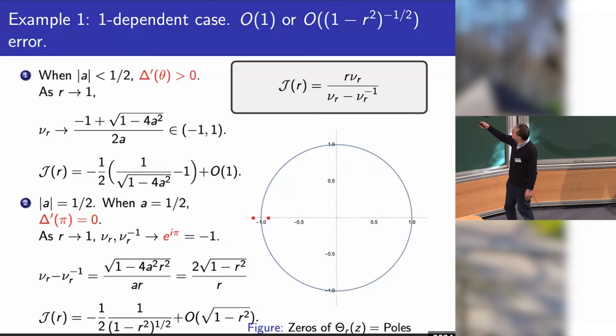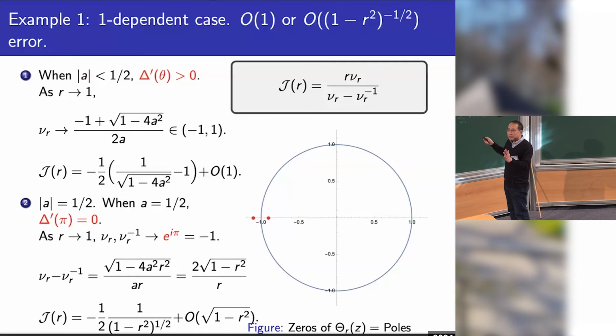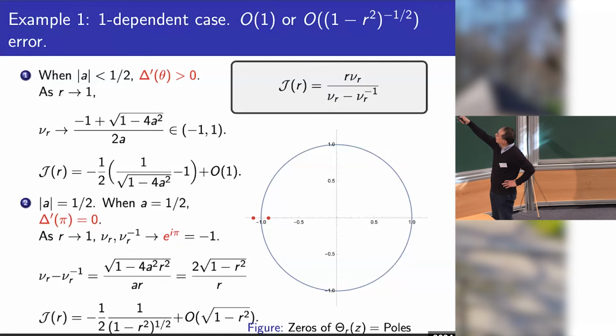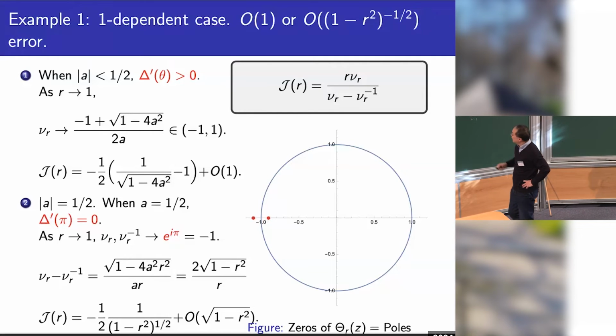And the situation is something like this. When A is strictly less than 1/2, these zeros stay away from the boundary. But if A equals 1/2, this converges to the point 1. That produces this diverging term. Otherwise, you just have an order 1 term.